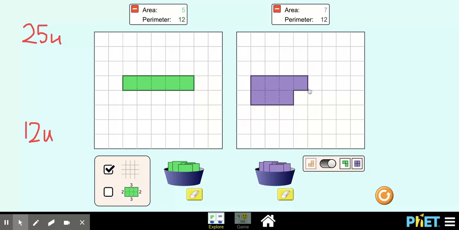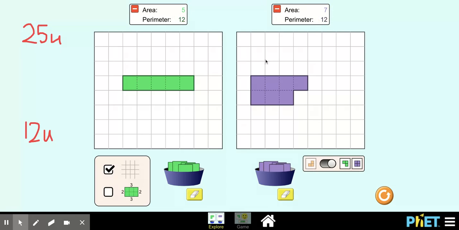Even though my area isn't quite as long, it's definitely a lot wider. You can see here that Molly Weasley's got three parts of her pen that are twice as wide as this part of her pen right here. So I can keep the perimeter the same and experiment with the area.